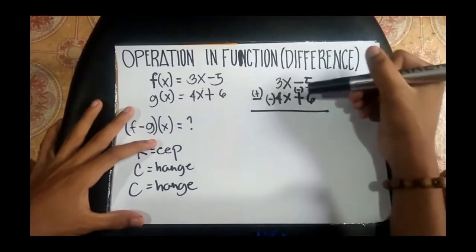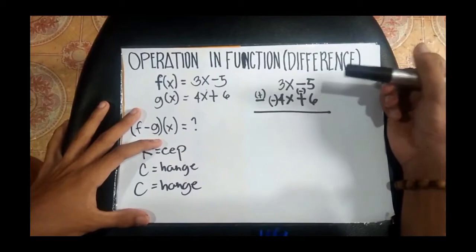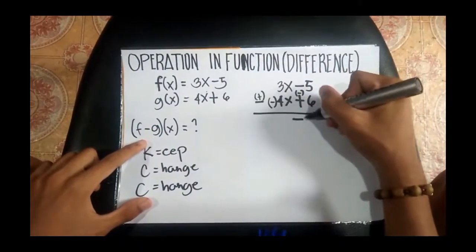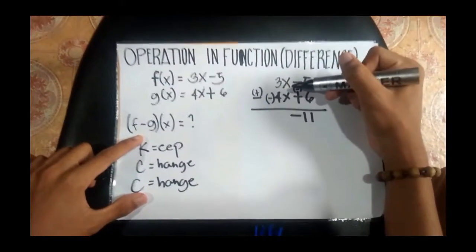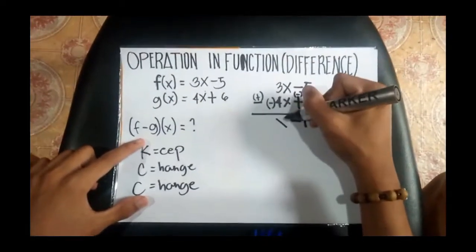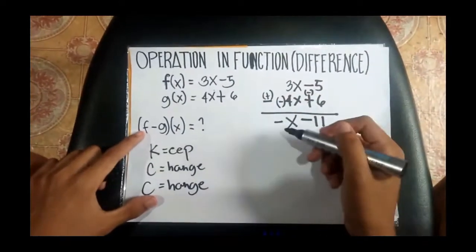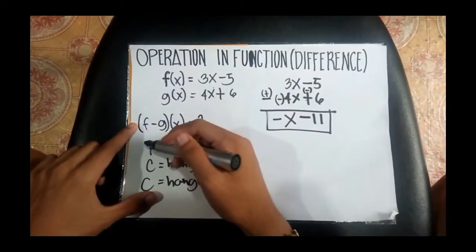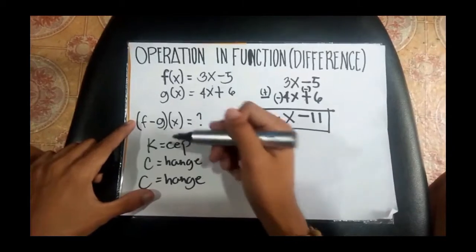So we have 5 plus negative 6 equals negative 1, and 3x plus negative 4x equals negative x. So this is our answer for f minus g of x.